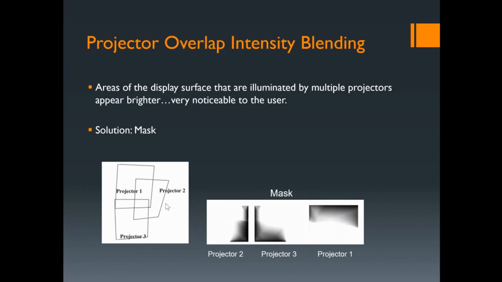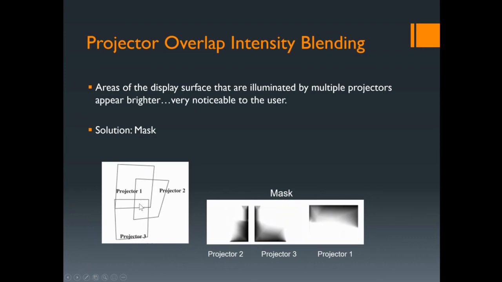What they use is the concept of masking. Masking is really nothing more than manipulating the pixel intensity before you project it. Here the center area is the densest, with more light. So in each projector you adjust the intensity in the overlapping area to be less.